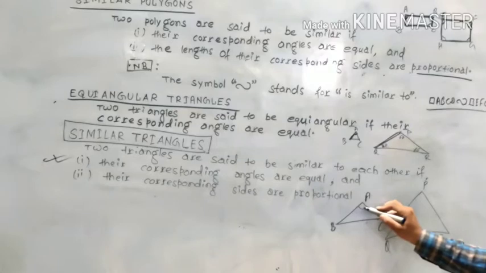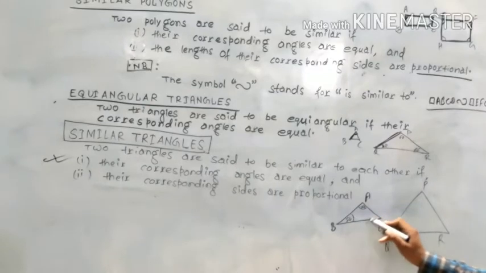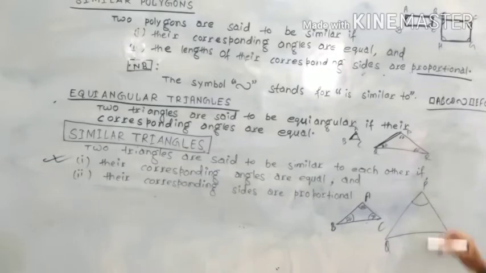If this is 100 degrees and this is 50 degrees and this is 30 degrees, and the measurement of angle P is also 100 degrees, Q is 50 degrees and R is 30 degrees, then all the corresponding angles of both triangles are equal.